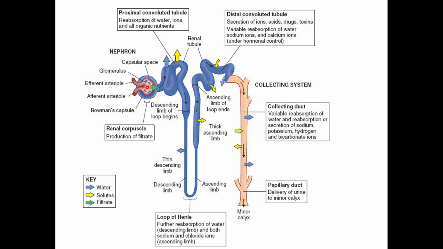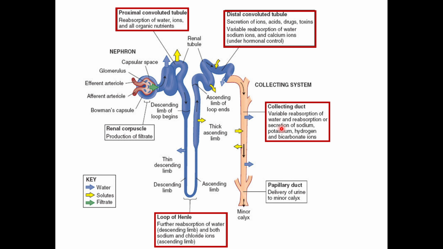Similarly, you will see the loop of Henle, and the loop of Henle has two limbs: one is the descending limb and the next is the ascending limb. Here you can see the DCT, distal convoluted tubule, and finally the collecting duct. So let's see what happens in each part.